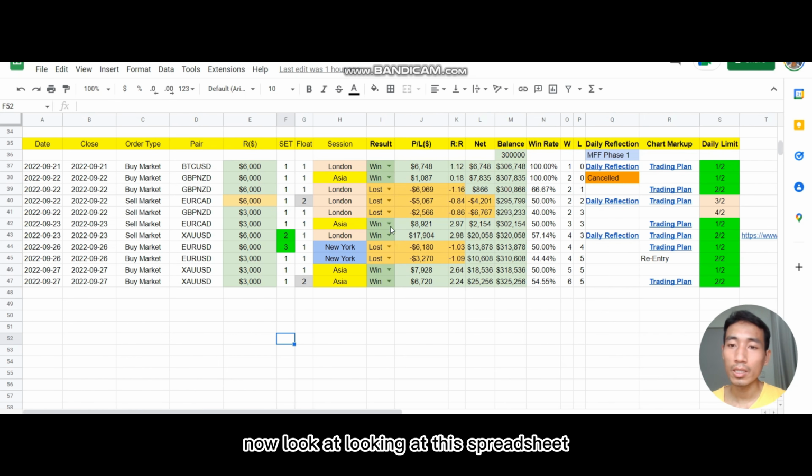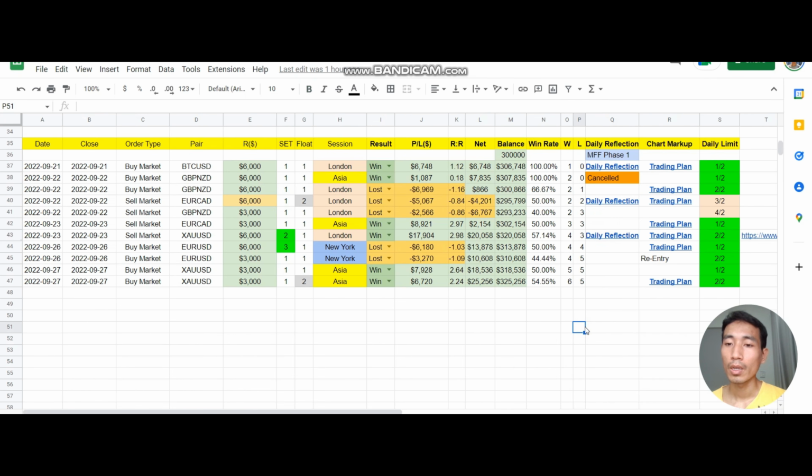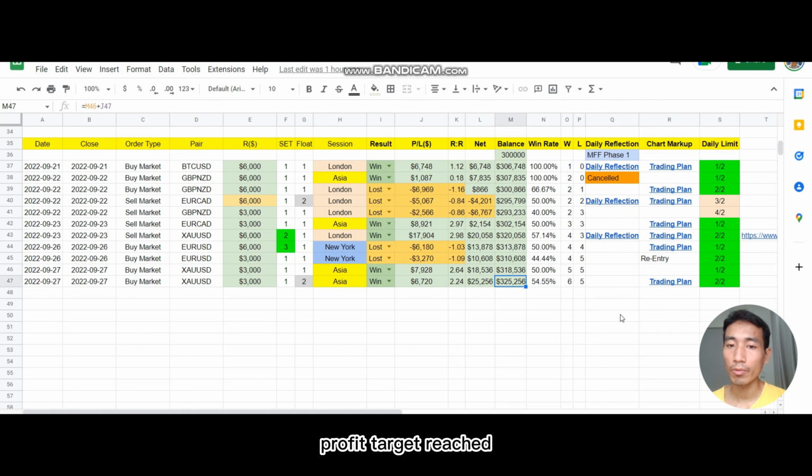Now looking at this spreadsheet. I do daily reflection every trading day, and today I should pass the challenge with the profit target reached. My risk management plan is basically something like this.